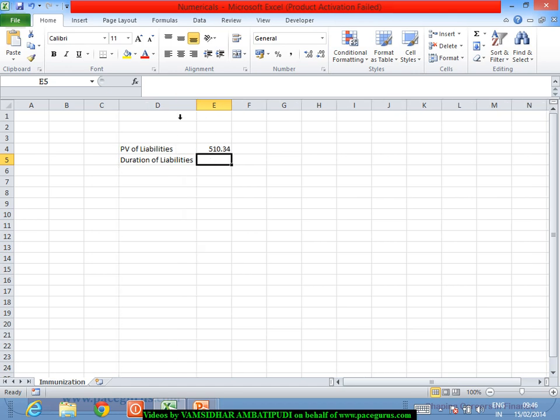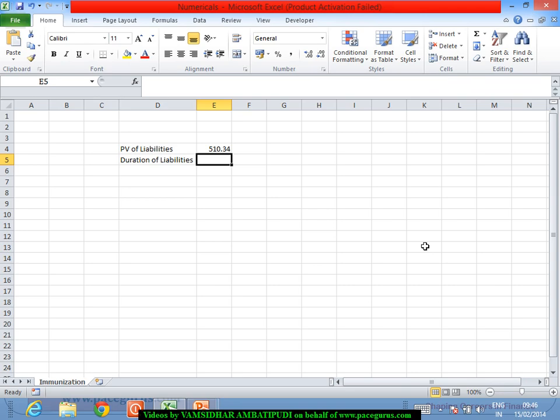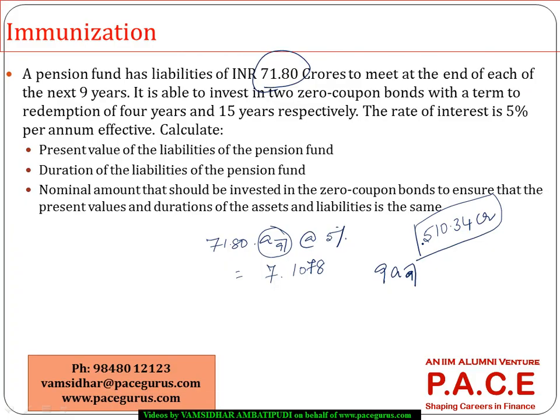The duration of the liabilities is nothing but 9IA9, or probably I can take it as, sorry, 9IA9, because I am looking at not a single time payment.